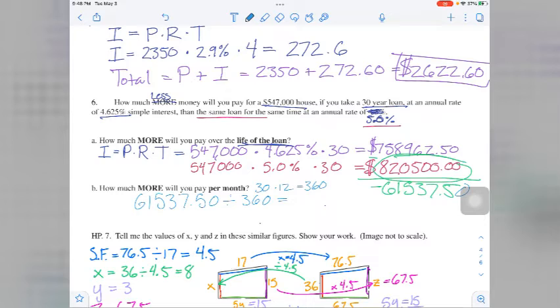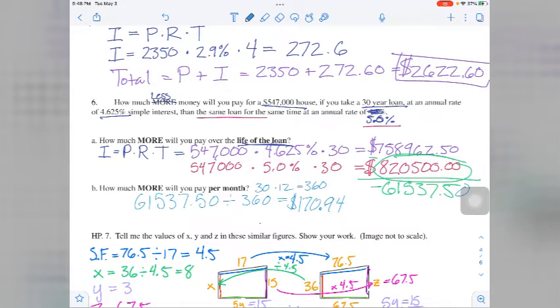So 61,537.5 divided by 360 is $170.94, or 93.75 cents.